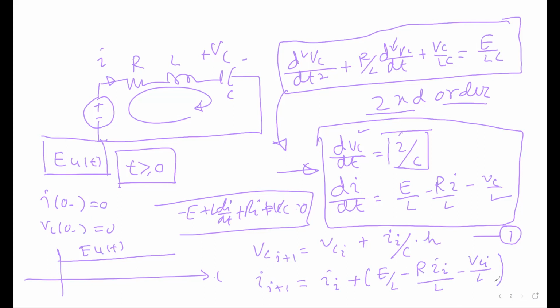So multiplied by the step. Then you apply this calculation recursively, and you will find the voltage and current solution for particular values of E, R, L, and C. In this way, we can solve our simultaneous equations there.